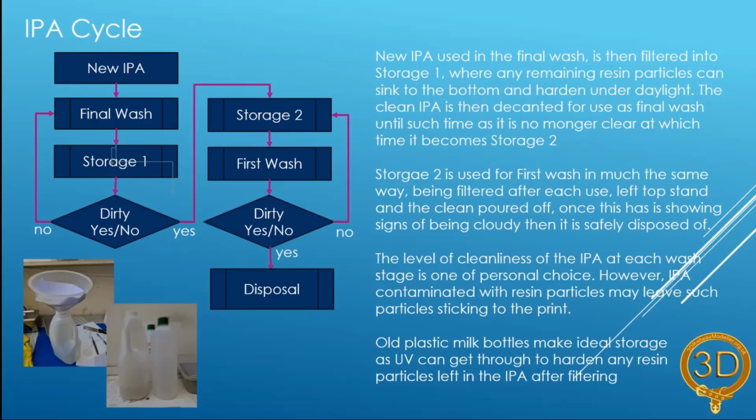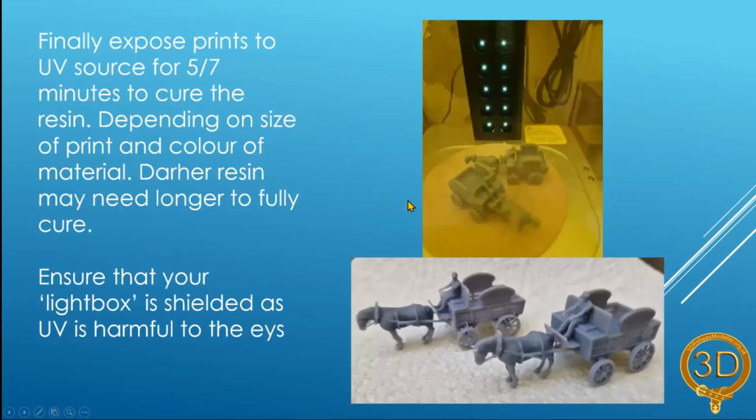Now, my entire washing process, from when I take the plate or take the bed off the printer to when I put the prints into the UV for curing, is probably no more than 10 minutes. And then finally, the prints are put in the UV source, and I use this Elegoo one.